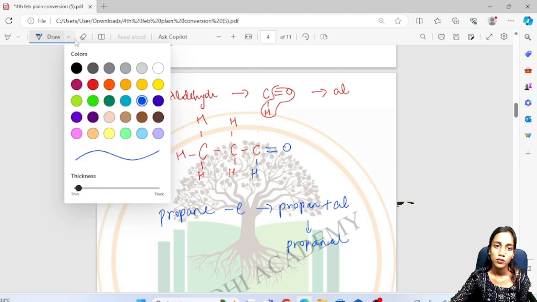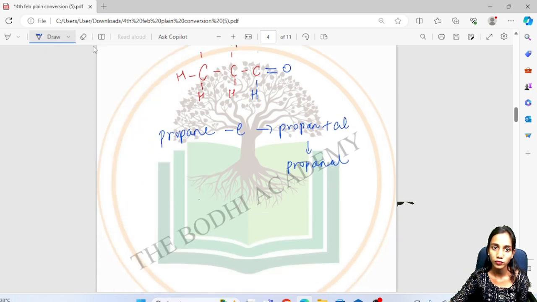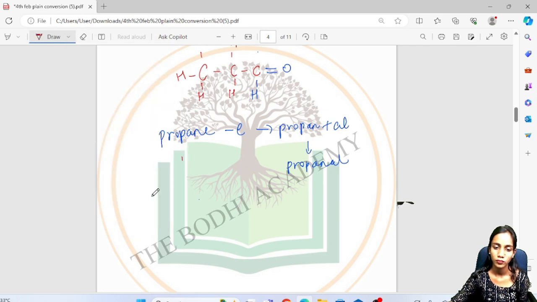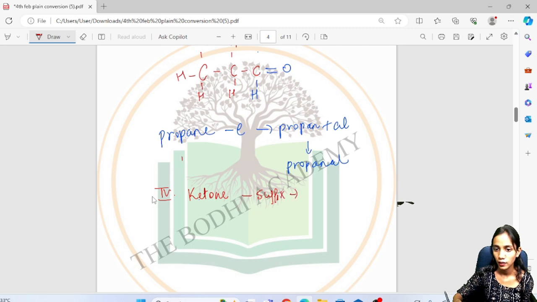So the next one is a ketone. For ketone, you add the suffix ONE.